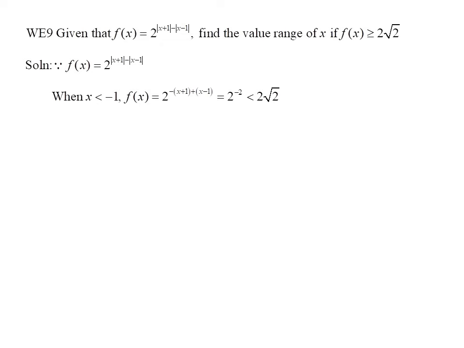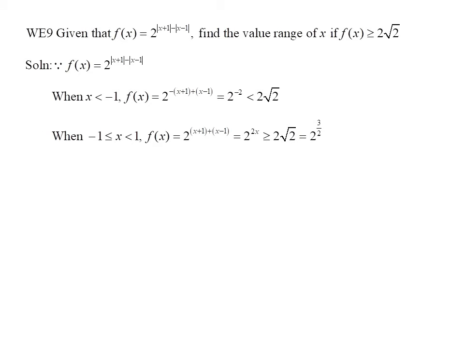So when x is less than -1, f(x) can be expressed as 2 to the negative open bracket x plus 1 close bracket plus x minus 1, which equals 2 to the -2, which is less than 2 square root 2. Therefore, when x is less than -1, f(x) equals 1 over 4, which does not satisfy the requirement.